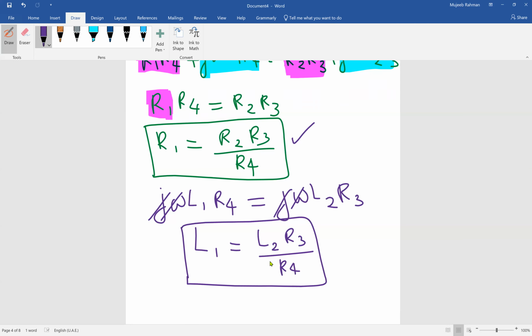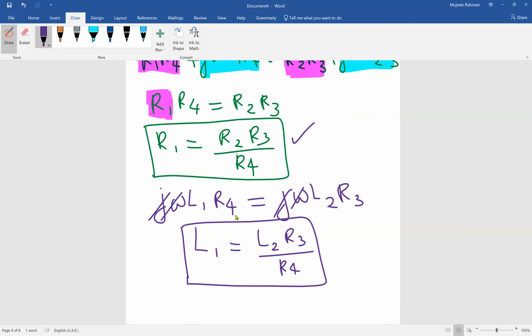If you compare both the relations, you can see that these two relations are independent, which means that the equation for R1 is a standalone relation, and the equation of L1 is also a standalone relation. These two relations are not connected.